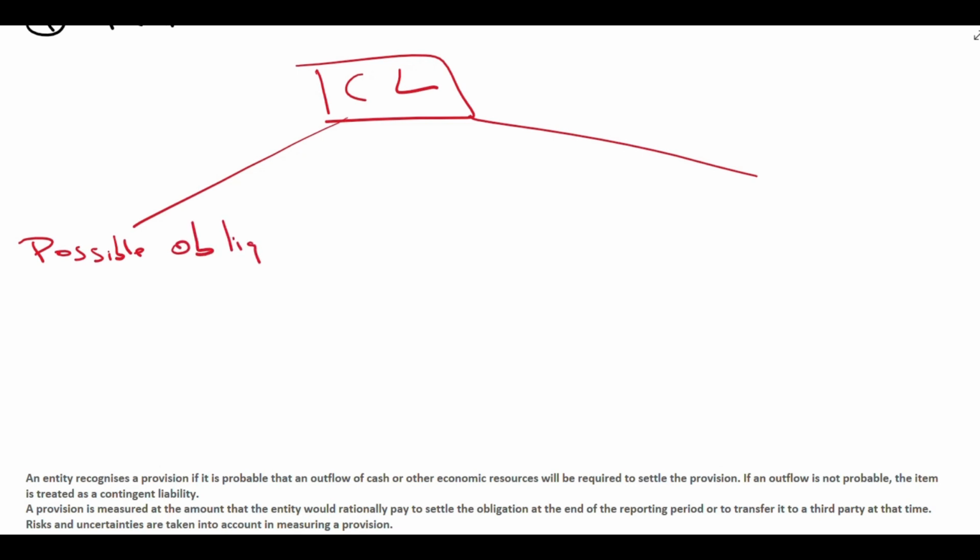Possible obligation, which is like less than 50%, where the possibility is there, but is not probable. So in that case, it falls under contingent liability. The other case can be that the obligation is probable, but cannot be measured reliably.